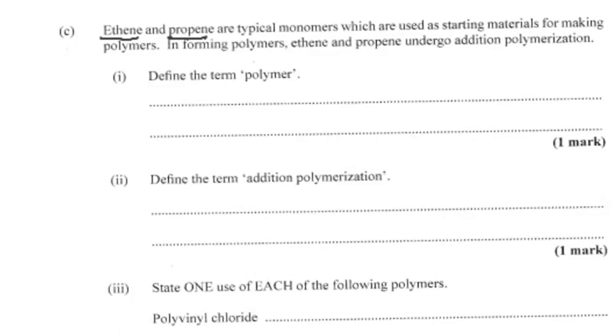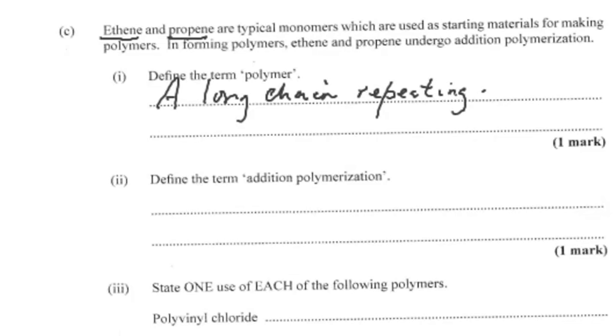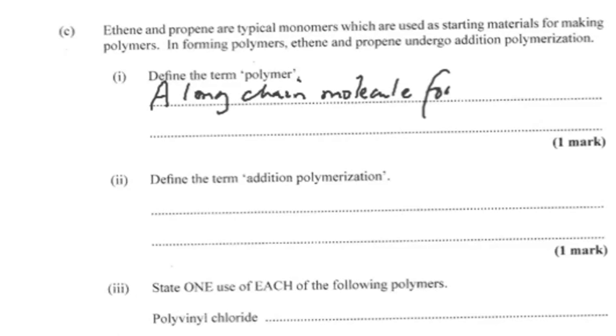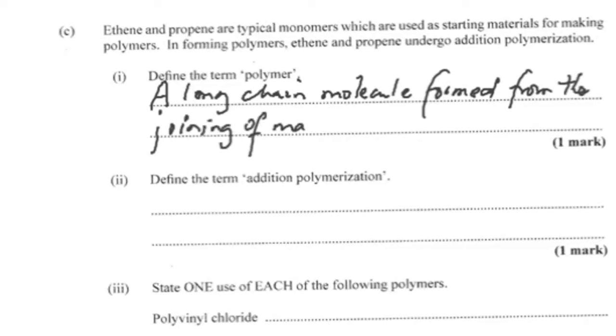A polymer is a long chain molecule formed from the joining of many monomer units.